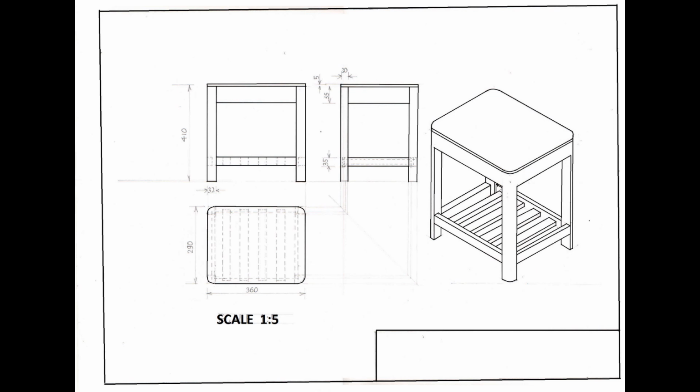In either case, we should try to use the whole of the space of the drawing sheet, but again we should not go beyond the space, or we should not draw the object too small for a very large drawing sheet. Then we also discussed the different types of scale that we can buy. So there are reducing scales and enlarging scales that we can buy. So using those scales we can directly do the measurement.